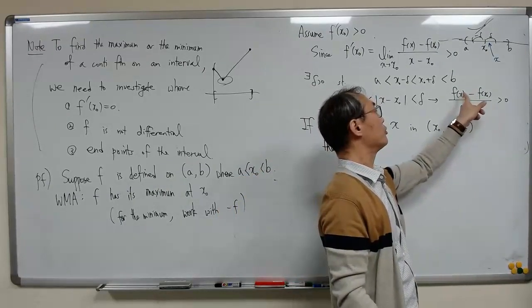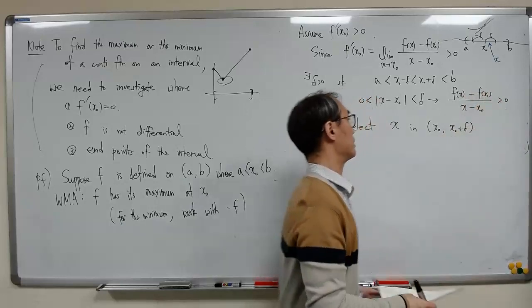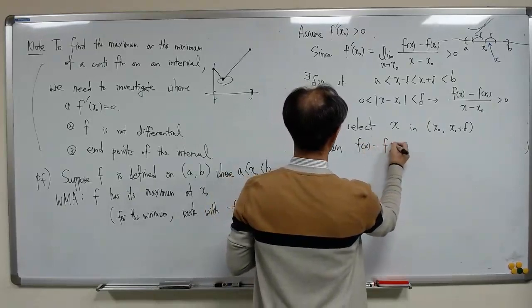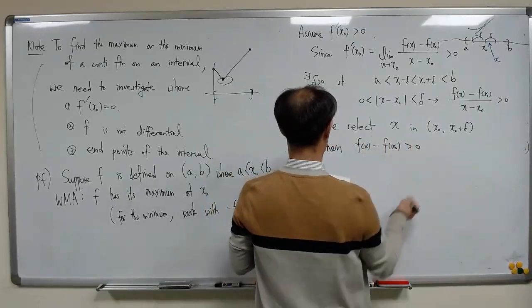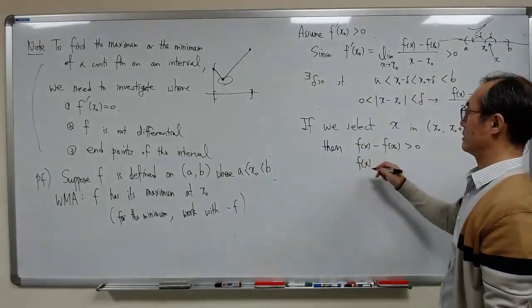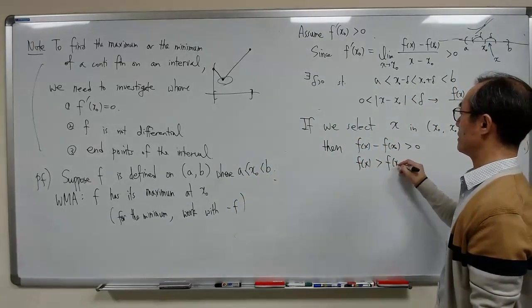That means the numerator is also positive. F of x minus f of x naught is positive. In other words, f of x is greater than f of x naught.